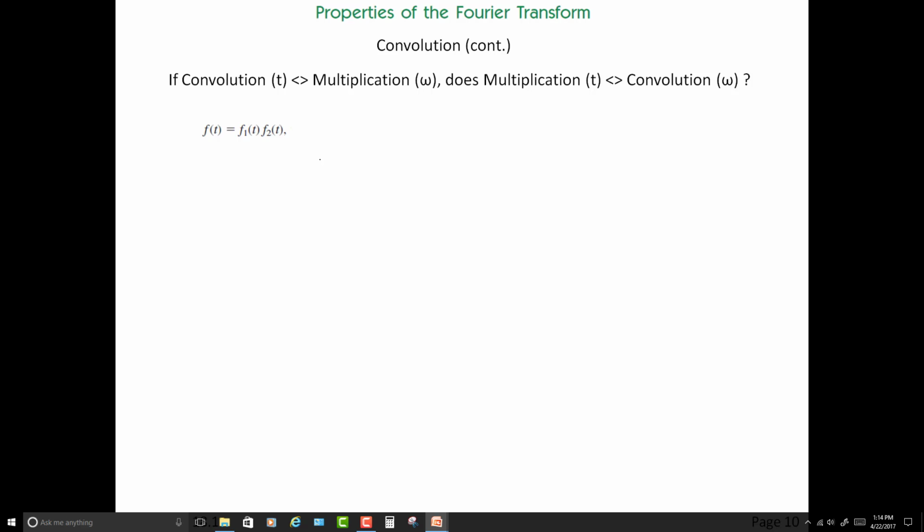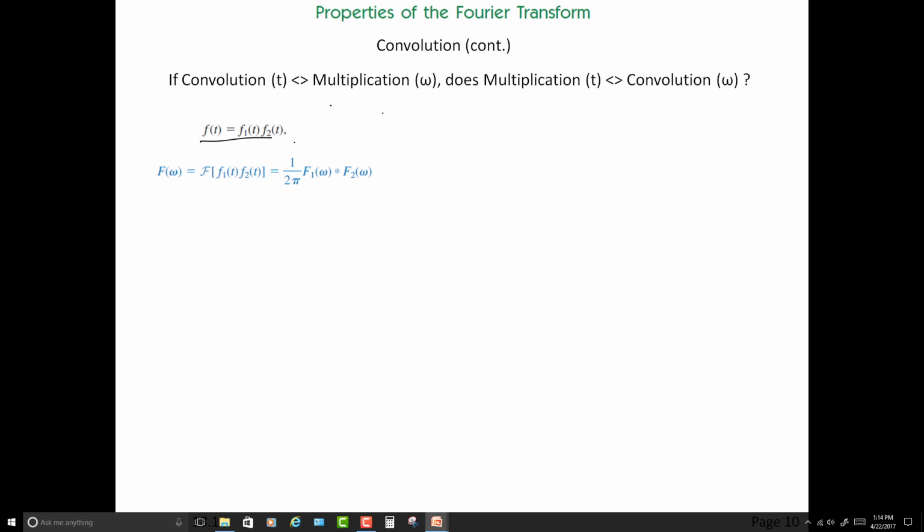So let's take it. If f of t is the product of two time functions, okay, so this is our multiplication, and we already did convolution in the time domain. It's multiplication in the frequency domain. Now we're going to do multiplication in the time domain. So here's what we're starting with right here.